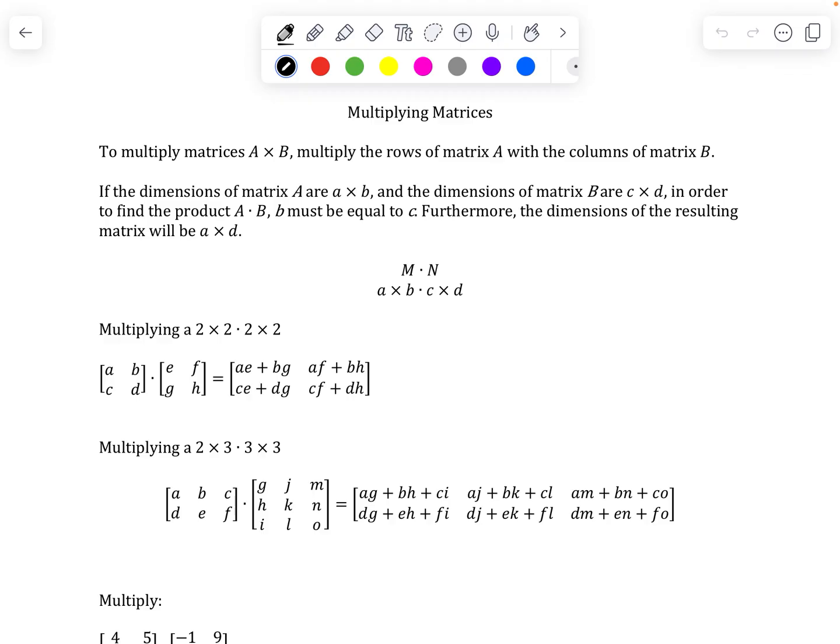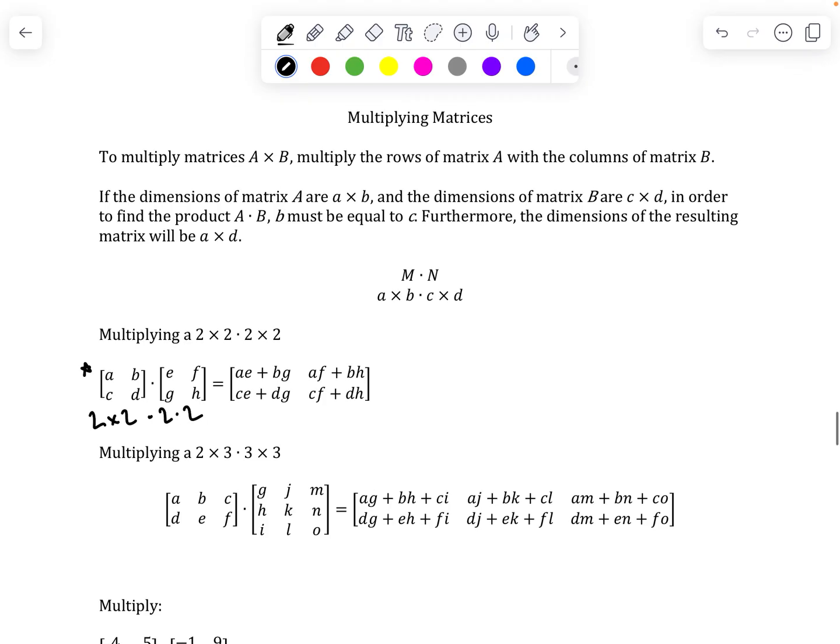A, B, C, D. This is a 2 by 2, and it's multiplying a 2 by 2 as well. With that, the first row, A B, multiplies by the first column, E G. So A times E, right, plus B times G. And that's your new value.